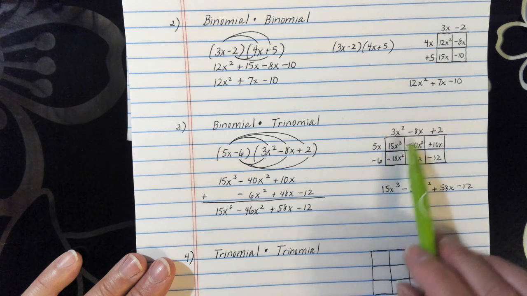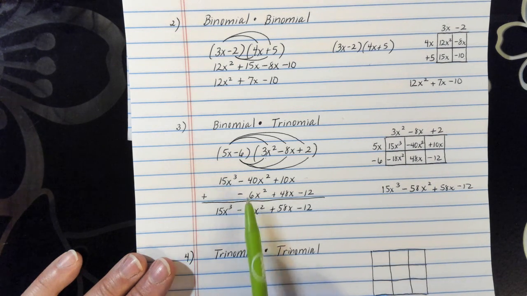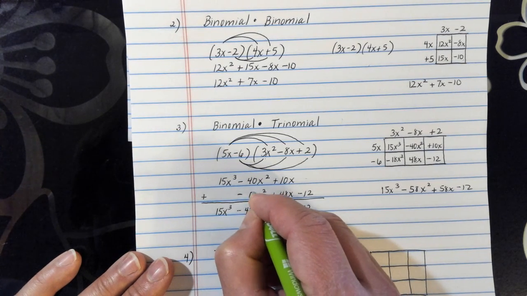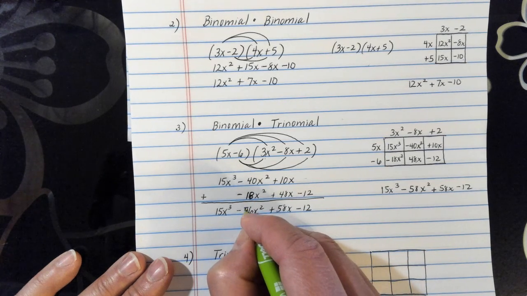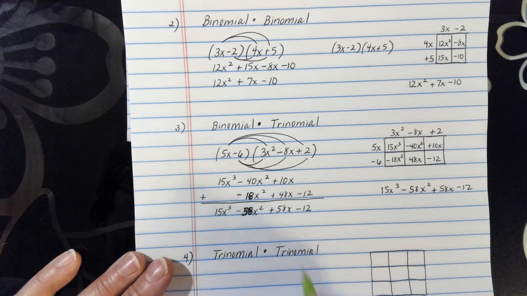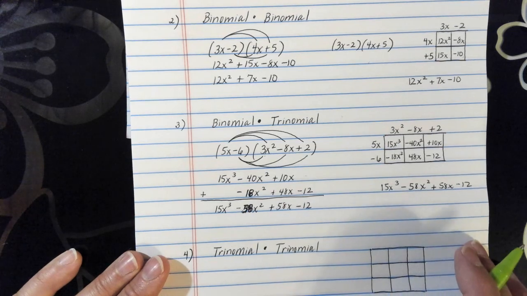That times that, good, that times that. I must have messed up here. Yep, right there. Negative 6 times 3x squared should be negative 18x squared, which would make this a 58. Maybe I shouldn't do math in pen.